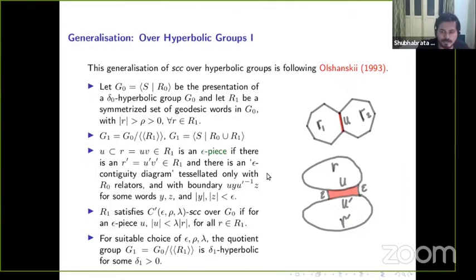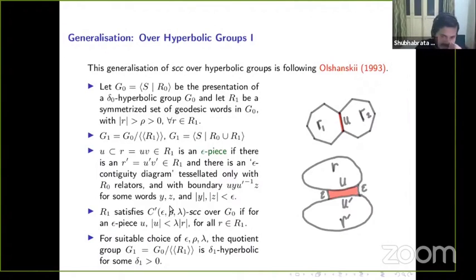So we are not going into the choices of these coefficients. Here we will call such a subword an epsilon piece, and we will say that R1 satisfies a small cancellation condition C prime epsilon rho lambda.